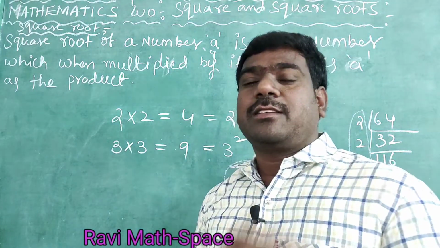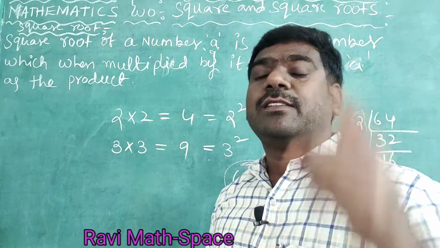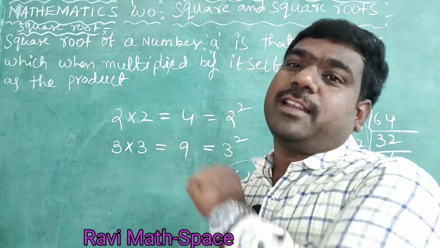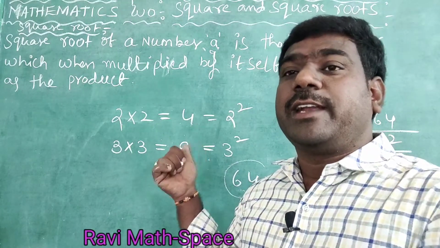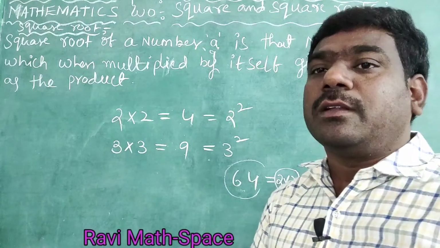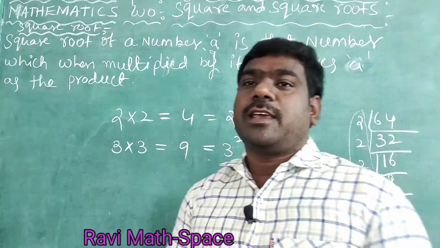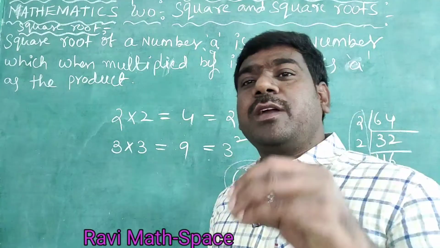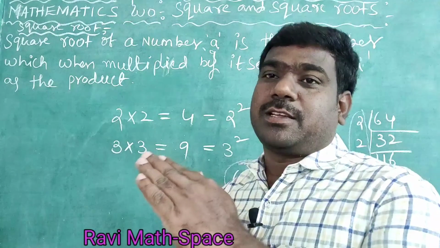Simply, I can say: whatever number multiplied by itself gives the product, that number is the square root of the product.